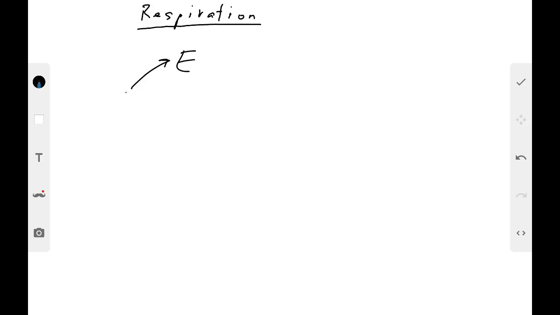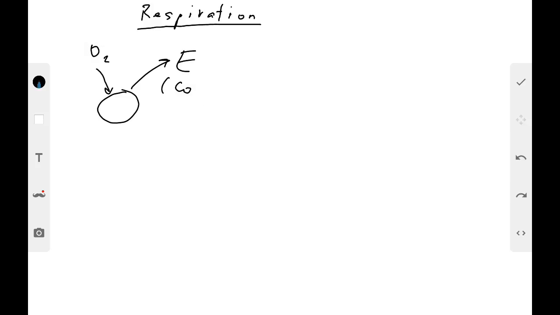So cells consume oxygen and release energy and byproduct carbon dioxide. It should be eliminated, and this oxygen's delivery and elimination of carbon dioxide are the major functions of respiration.